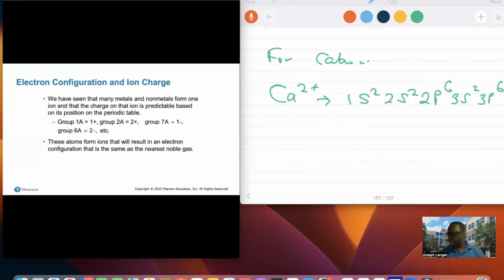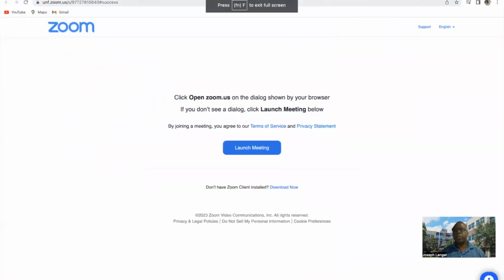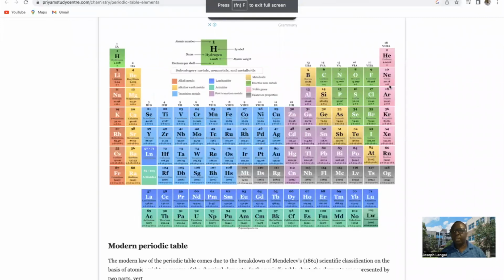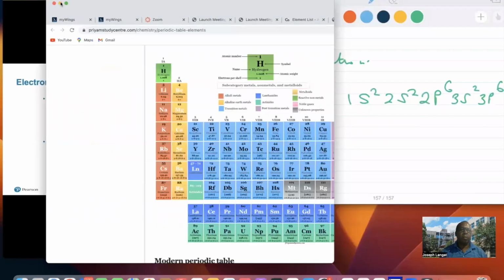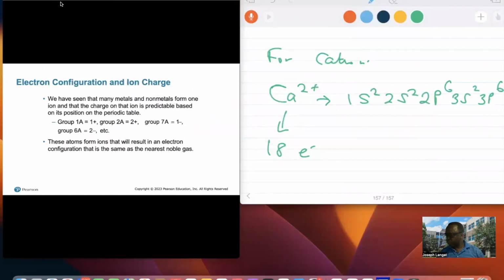So here these are 18 electrons, which is isoelectronic to argon. If you look on the periodic table, argon is number 18. This is isoelectronic to argon on the periodic table.